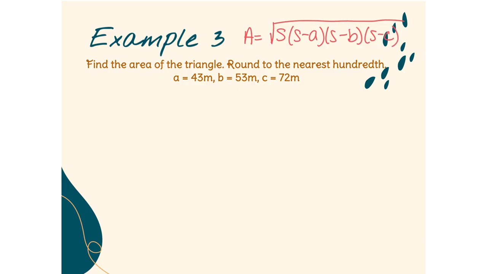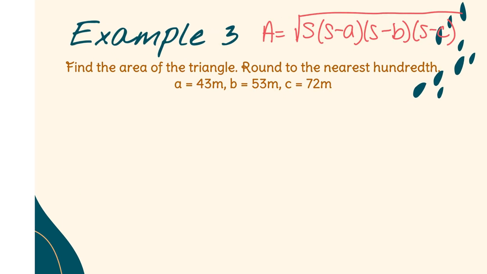But now, how do you find S? S is pretty easy. All you have to do is add A plus B plus C and divide it by 2. Okay, so this is the one you have to memorize. Again, you are going to be given area.